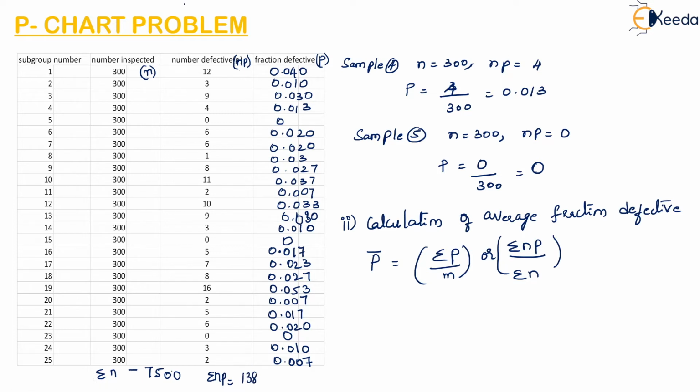When we add up all these values, 12 plus 3 plus 9 plus 4 plus 0, all till 25, we will get 138 as the answer.